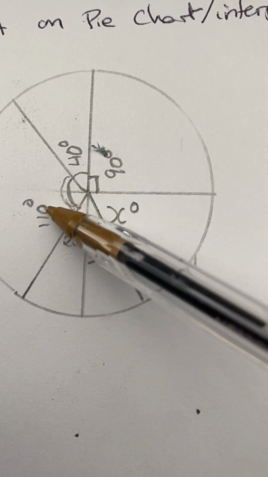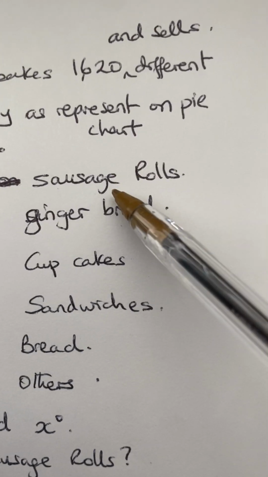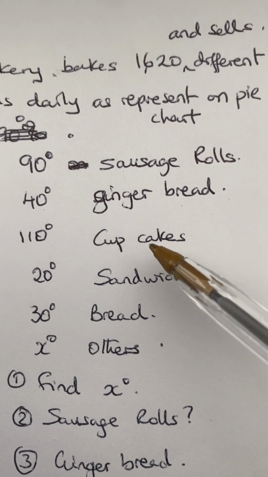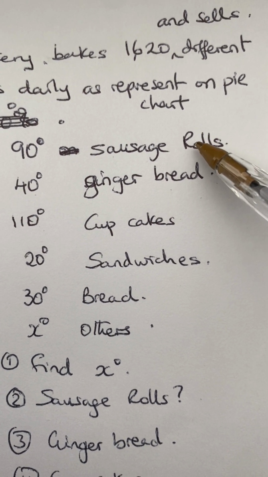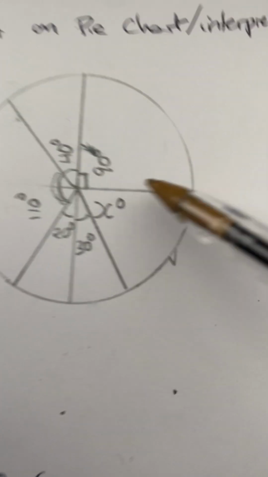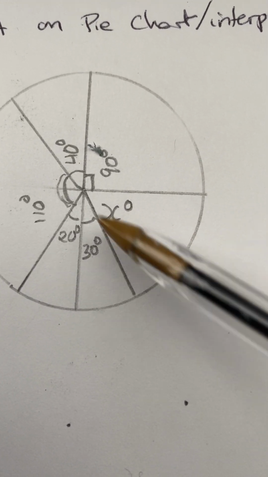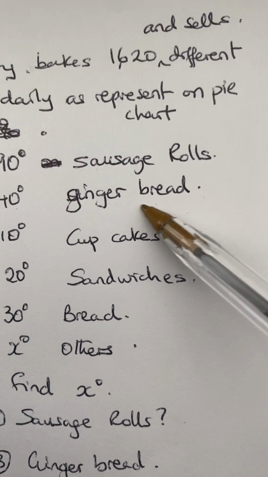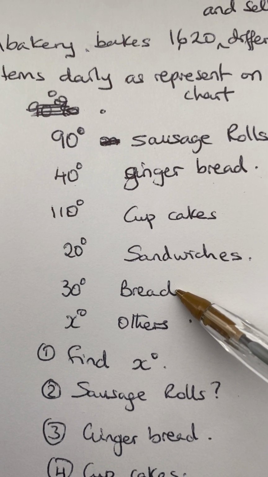After cupcakes, the next highest sale is the 90 degrees, which is sausage rolls. So in that shop, they sell more cupcakes, followed by sausage rolls, followed by others, because you can see others is the next largest, and then followed by the 40 degrees, which is the gingerbread, and then bread and sandwiches.